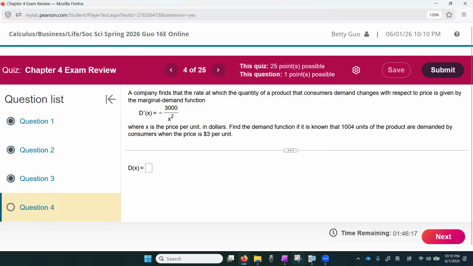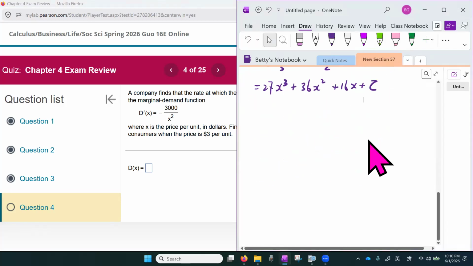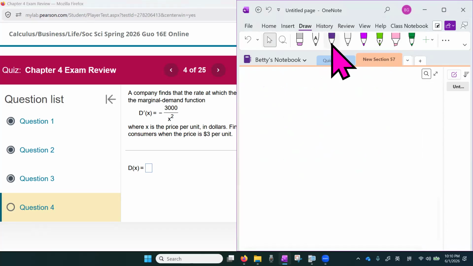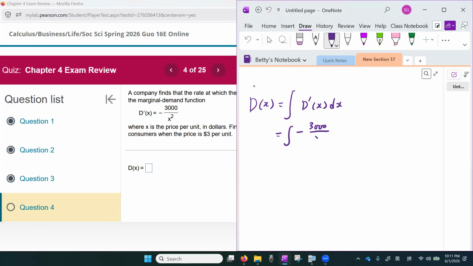We're given D prime, we're looking for D. So we need to take the integral. D of x equals the integral of D prime of x dx. So that is the integral of negative 3,000 over x squared dx.